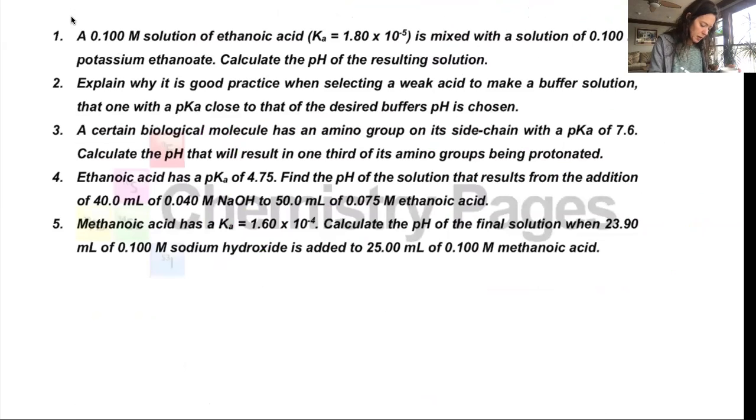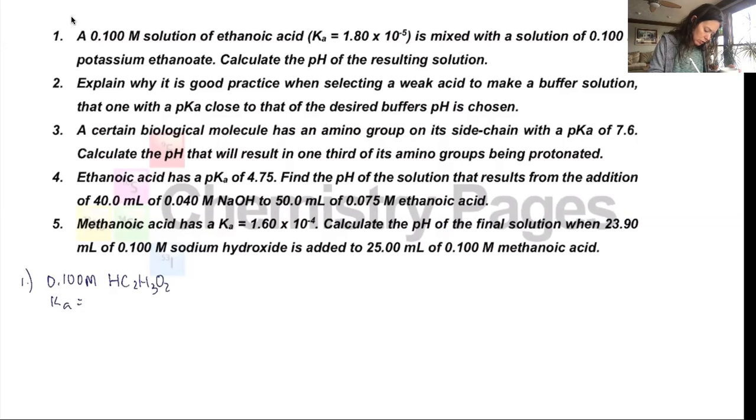Okay, this is another one of those ones, kind of like last time, but these are the only questions here. We've got 0.100 molar ethanoic acid. That's our acetic acid. It's not H2, guys. It's HC2H3O2.